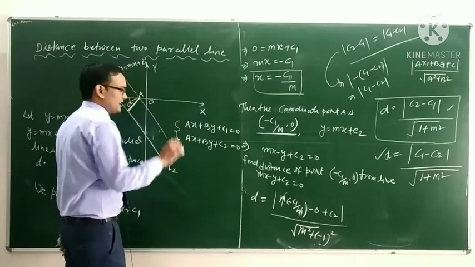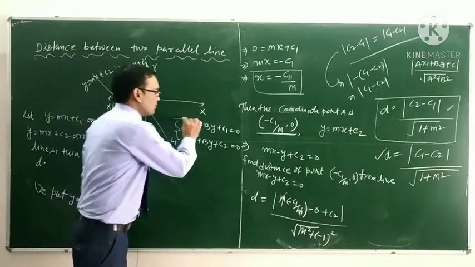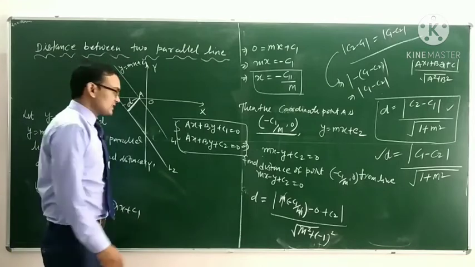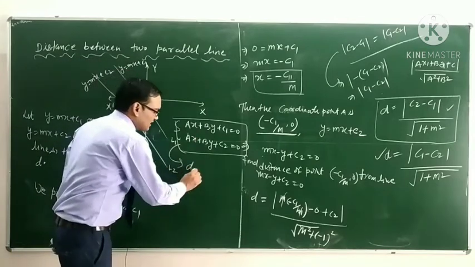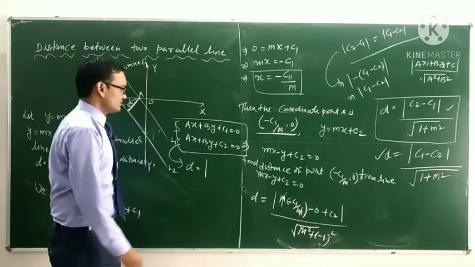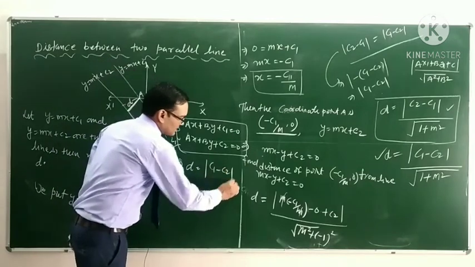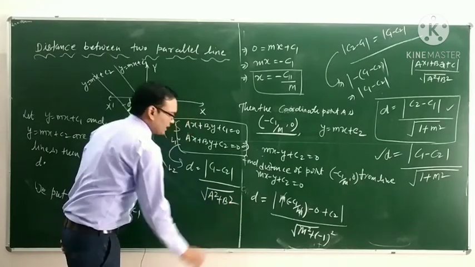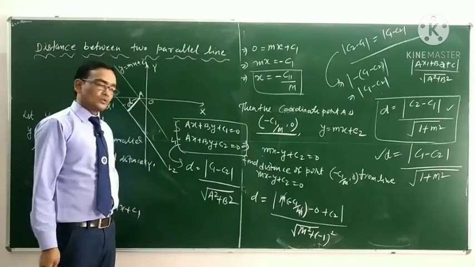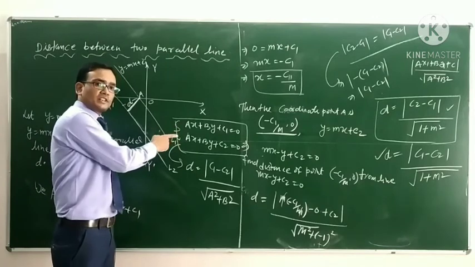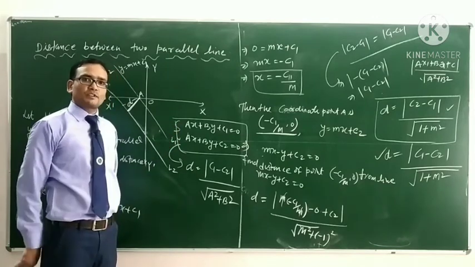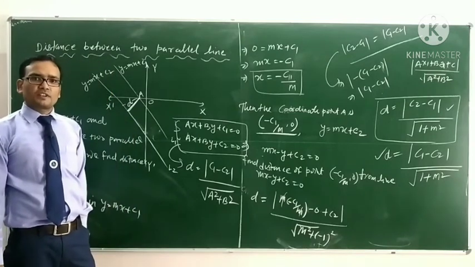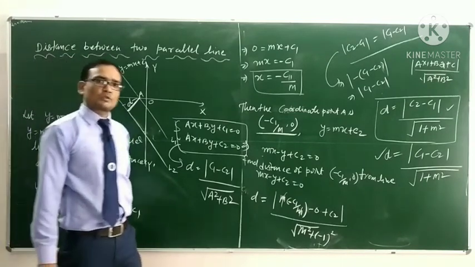The distance between two parallel lines is d equal to mod of c1 minus c2 upon square root a square plus b square. Try to find the distance between the parallel lines ax plus by plus c1 equal to 0, ax plus by plus c2 equal to 0.